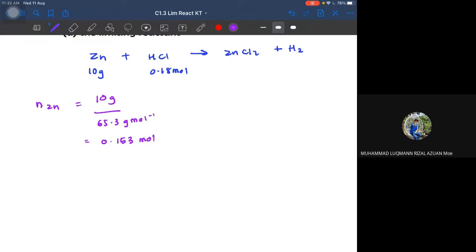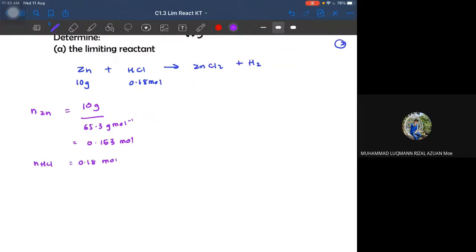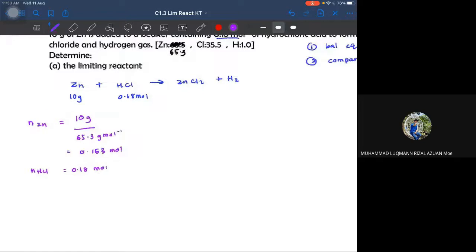Right, so kita dah ada mole of HCl tadi, 0.18 mole. Okay, so now kita boleh compare mole. These two adalah mole available.